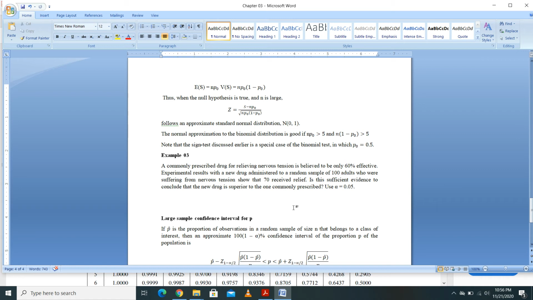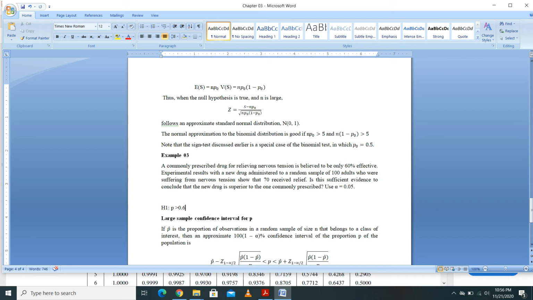So if you take the proportion in this case, we have to first write down the claim when we are writing the hypothesis. So if I take the proportion, the percentage of the people who get relief using this drug, it should be greater than 0.6 if this is a superior one than the commonly prescribed one, right?